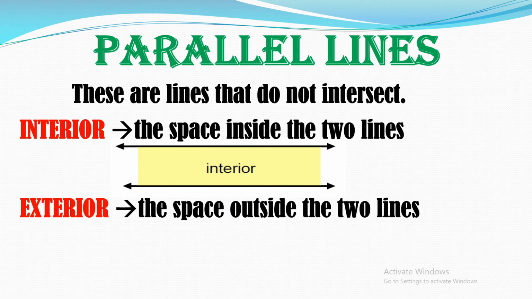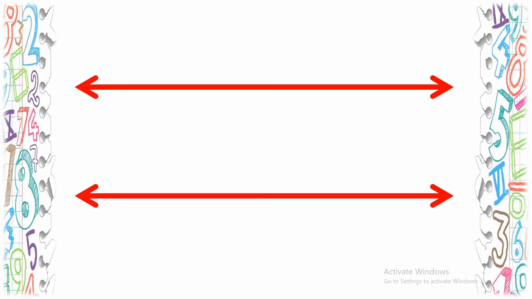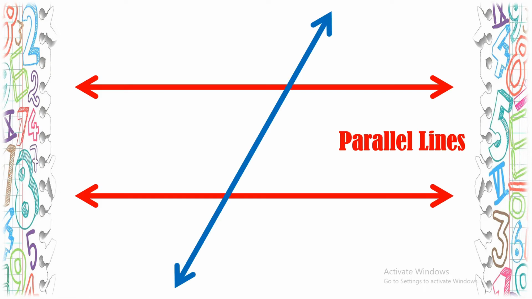But when we say exterior, it's the space outside the 2 lines. So given the 2 parallel lines here, the exterior can be on top of the first line and below the second line.